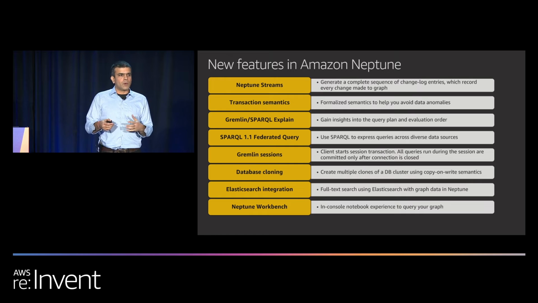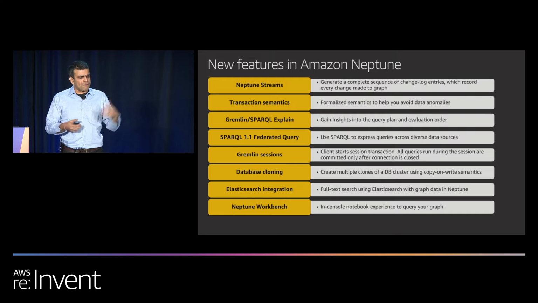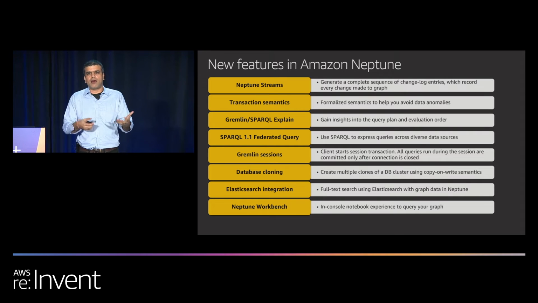Now, this is a quick snapshot of some of the features that we released in the last 3 to 6 months. It's a growing list, but these are the ones that we think we'll talk about today. Of the list, the one that I'll call out is database cloning. Like I called out earlier, it is an enterprise-grade feature. It's based on copy on write semantics, so you're not immediately allocating storage.